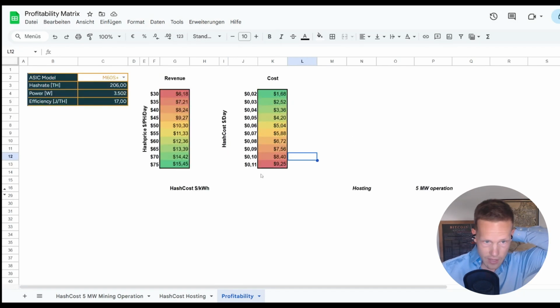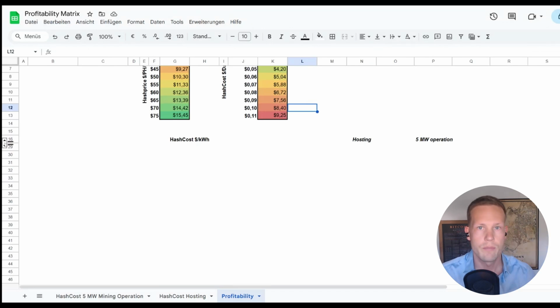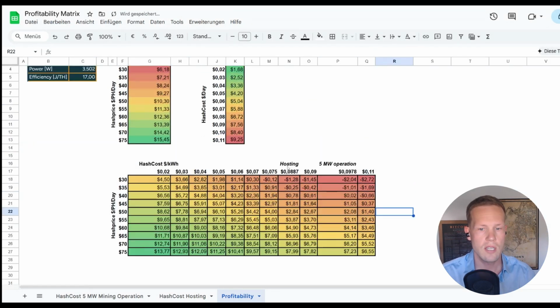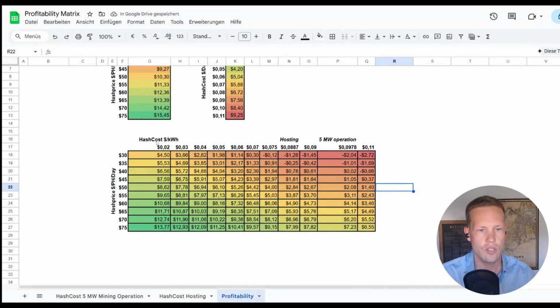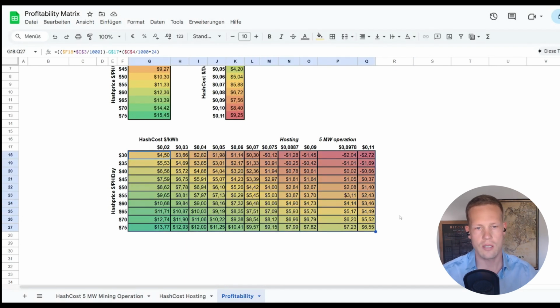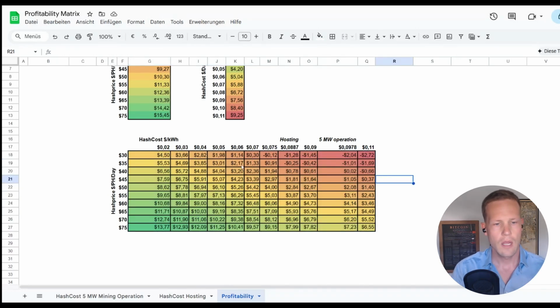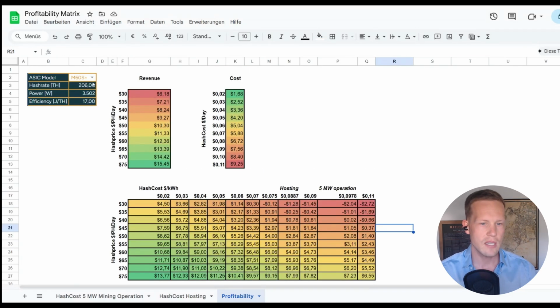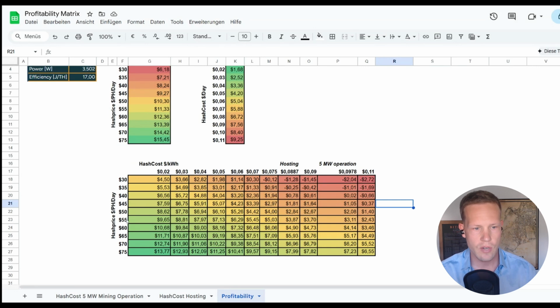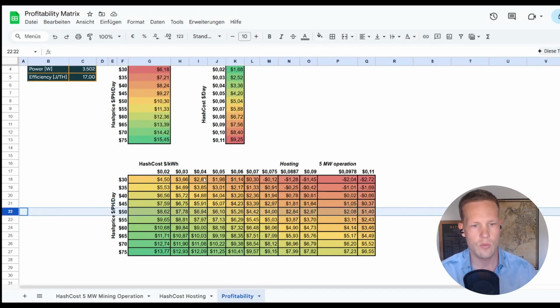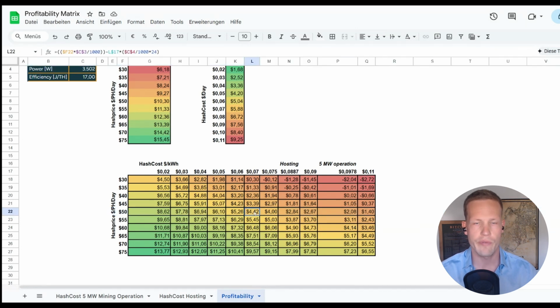And at the end of the day, this is all about making profit, right? What do we see here? So this is our hash cost matrix. This is basically just revenue minus the cost to get to our profit. If we run an M60 and hash price is around $50, as well as our hash cost being at 7 cents, then we make a profit of $4.42 per day, right?